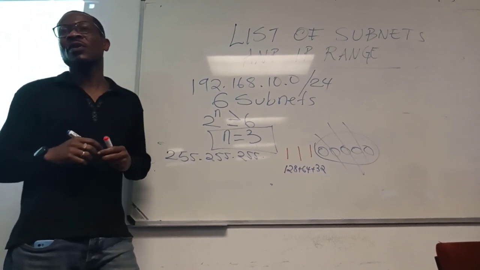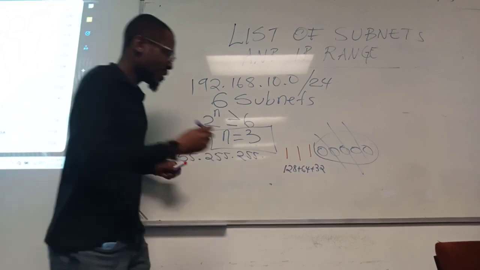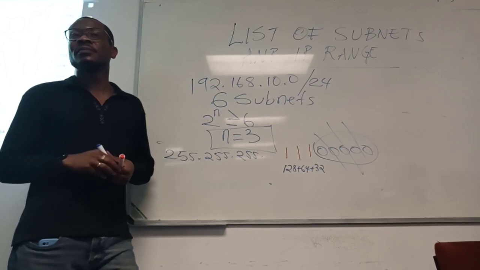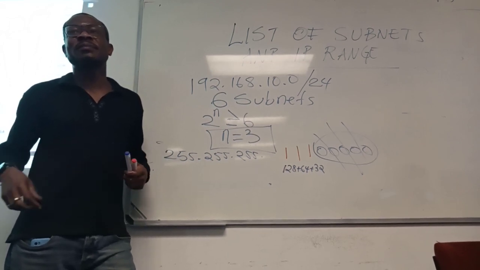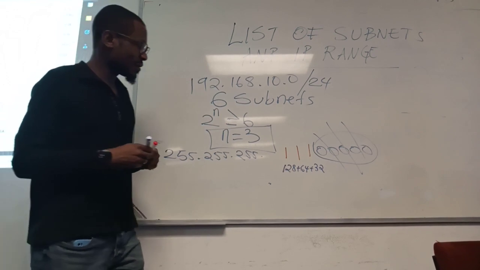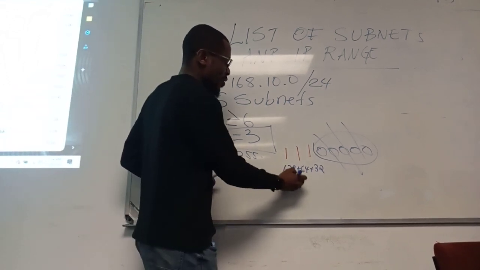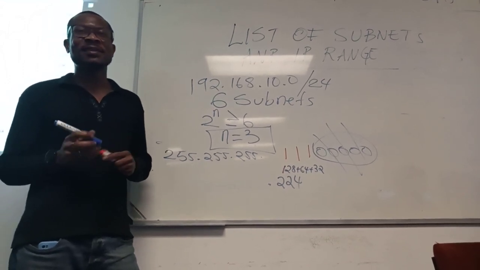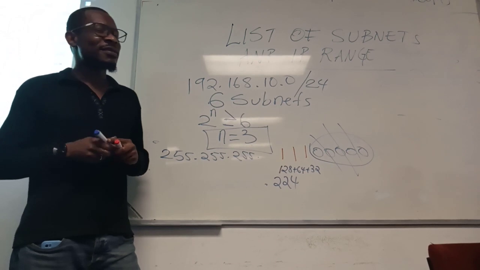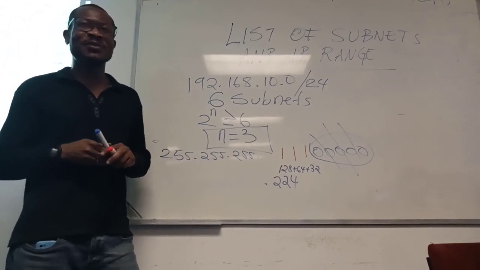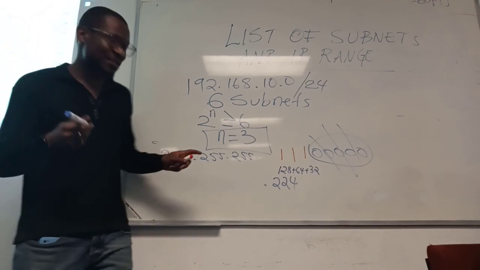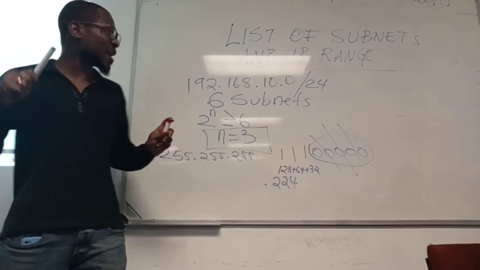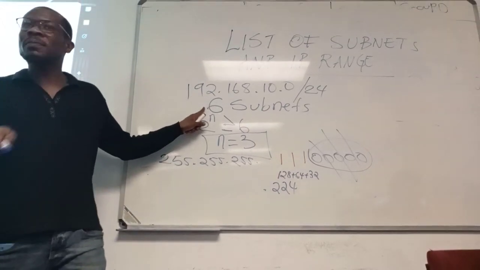So 128 plus 64 plus 32 is which number? 224. So your new subnet mask is 255.255.255.224. This is going to be the new subnet mask of those 6 departments.